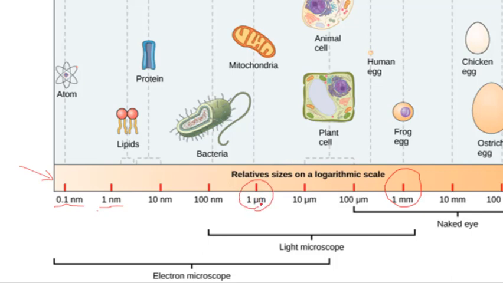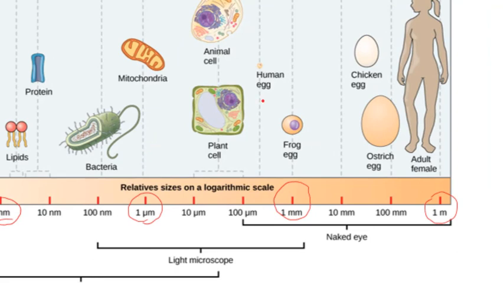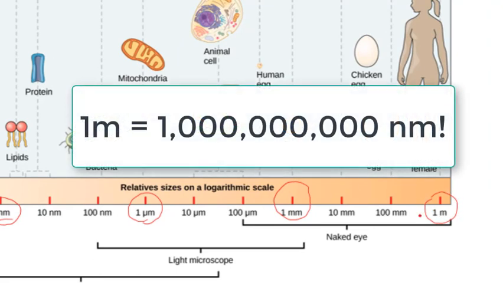A micron is 1,000 times smaller than a millimeter. And if we subdivide this micron into even smaller subunits, then we end up with a nanometer. The nanometer is 1,000 times as small as the micron, and a nanometer is 1,000,000 times as small as the millimeter, and it is 1,000,000,000 times as small as the meter, right? So a nanometer is very, very, very small.